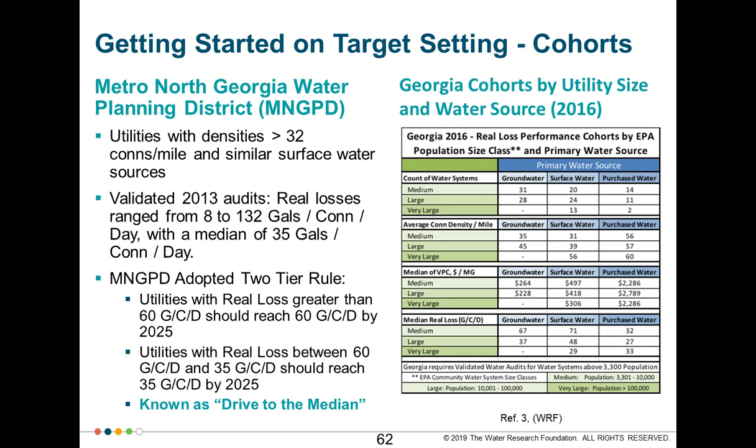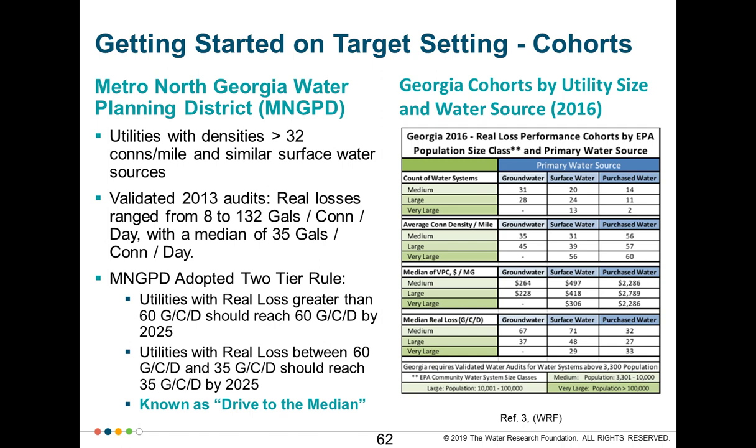One is a cohort approach, which has been used in Metro North Georgia. I won't go through all the details, but they defined it within that planning district in northern Georgia, and found a median of 35 gallons per connection per day of real loss.